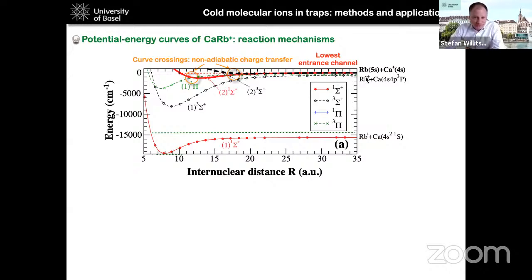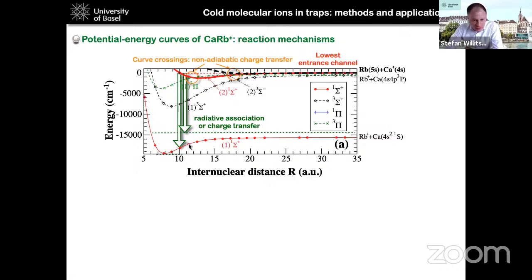But there is more. We can also have radiative processes. I mean, this is an excited state, and during the collision, in principle, a photon can be emitted down to the lowest curve.